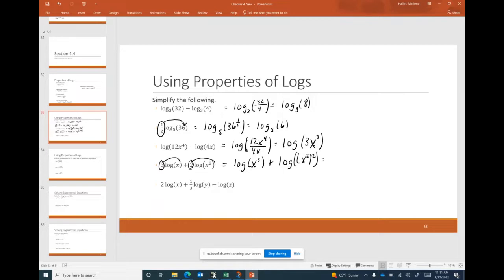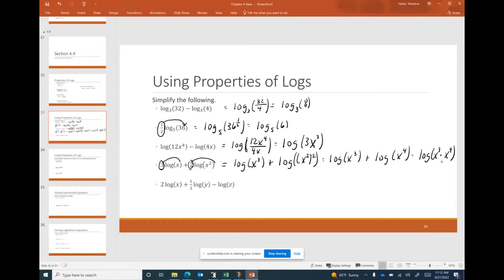When I raise a power to a power, I multiply those exponents. So let me just rewrite this. This then becomes the common log of x cubed plus the common log of x to the fourth. All right, now I can combine those into a single logarithm. It's going to be the common log of x to the third times x to the fourth, right?